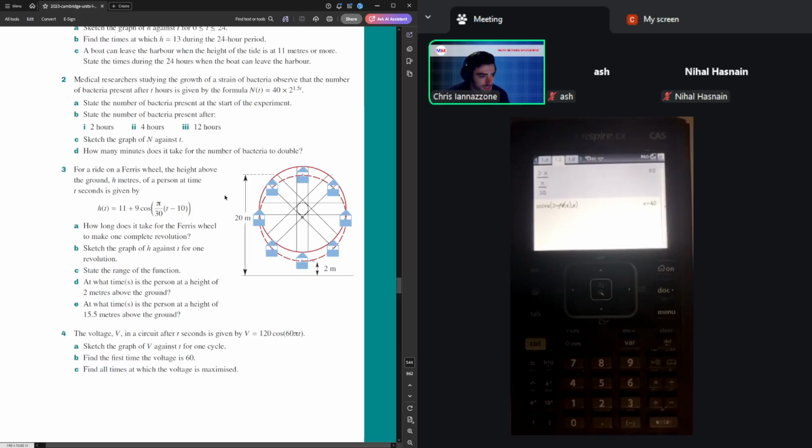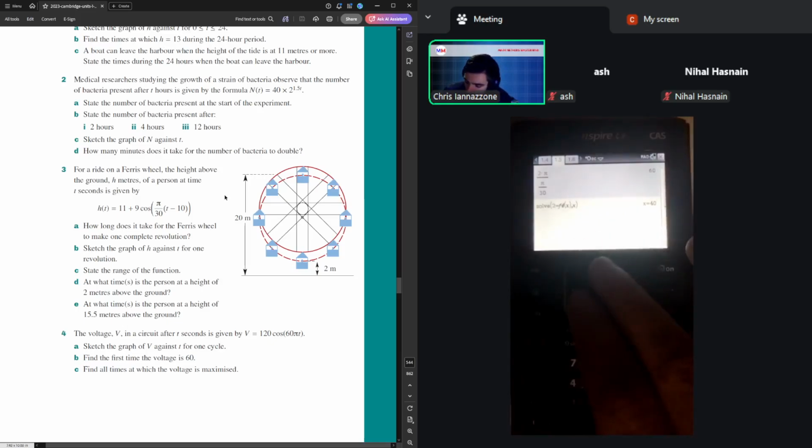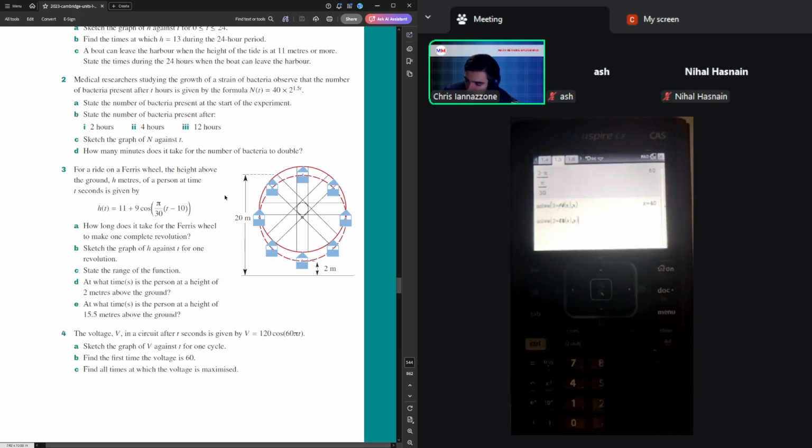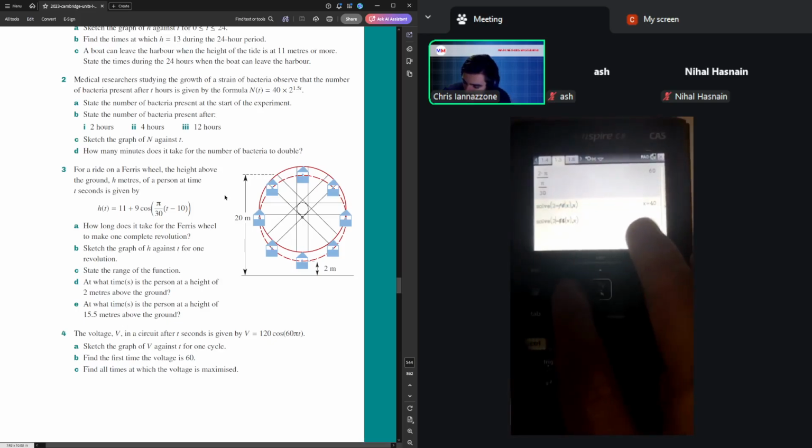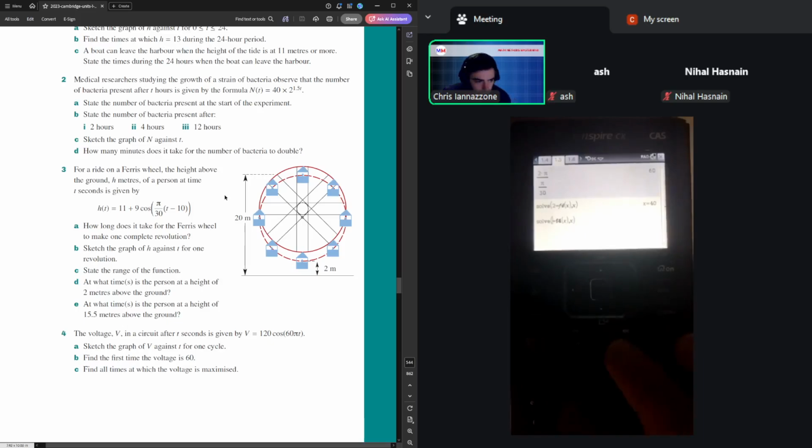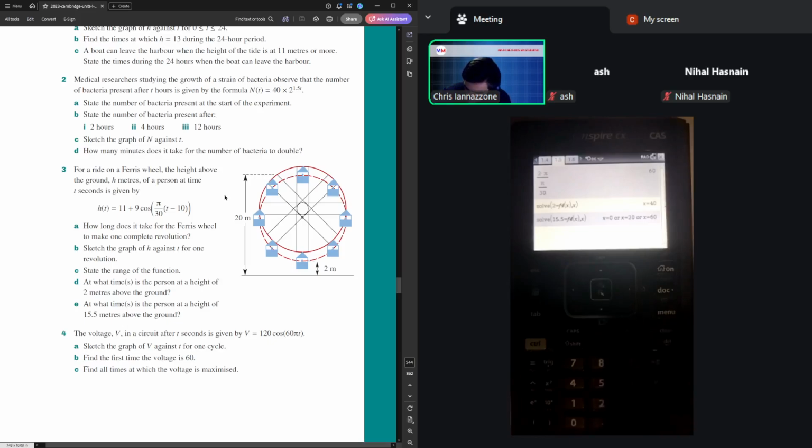This exact same procedure can be propagated onto part E when you've got 15.5 meters above the ground, which is likely going to have more solutions, and it's a little bit more unwieldy to try and do it on the graphing tool. But we still do get exactly x equals 0, 20, and 60 as our results there.